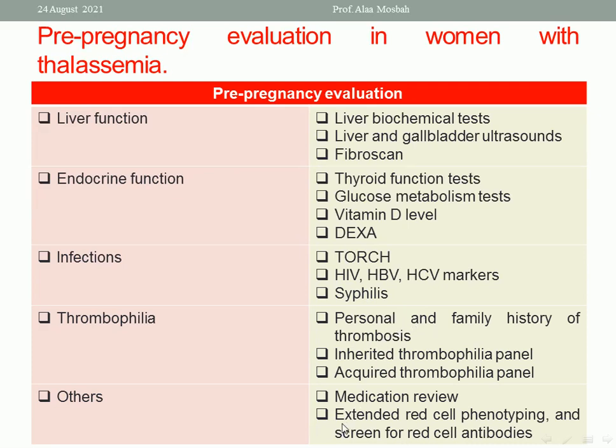For thrombophilia, take personal and family history of thrombosis, inherited thrombophilia panel, acquired thrombophilia panel, and do the investigation needed in high-risk cases. Others include medication review, extended red cell phenotyping, and screening for red cell antibodies. This is the pre-pregnancy evaluation in women with thalassemia.